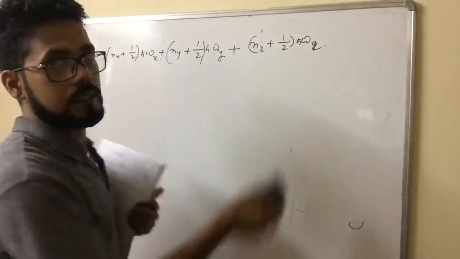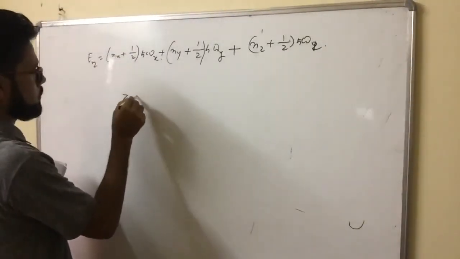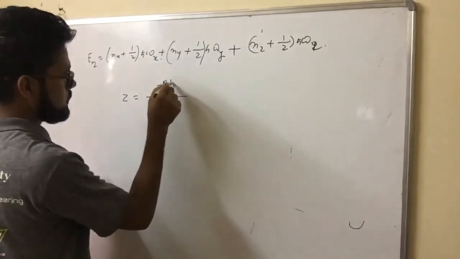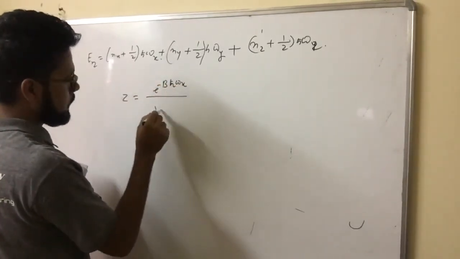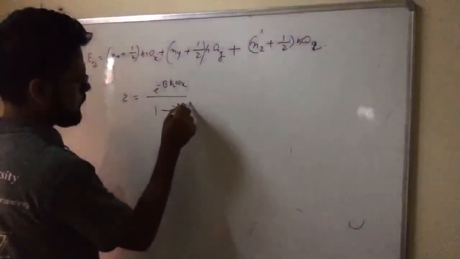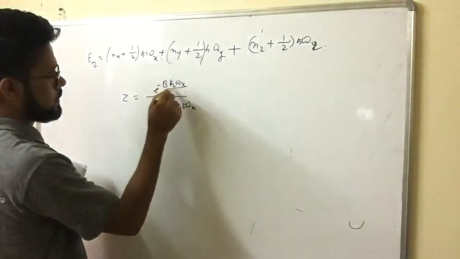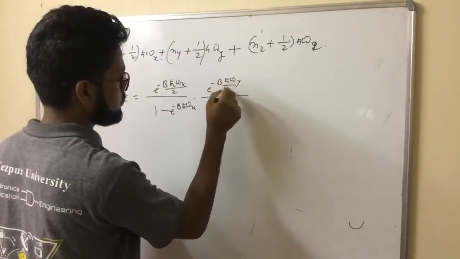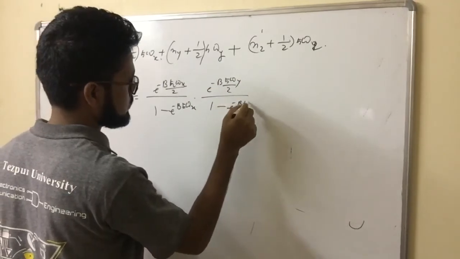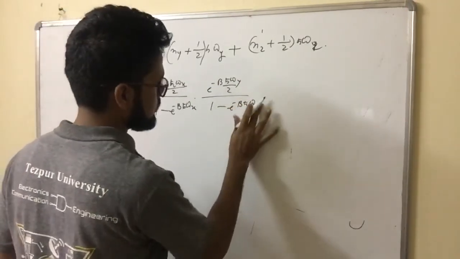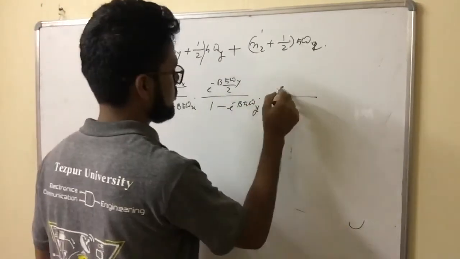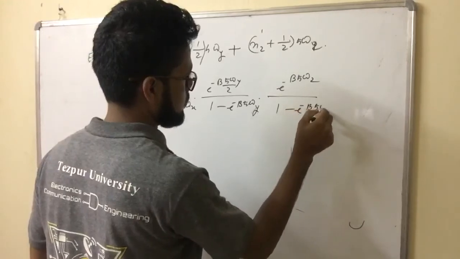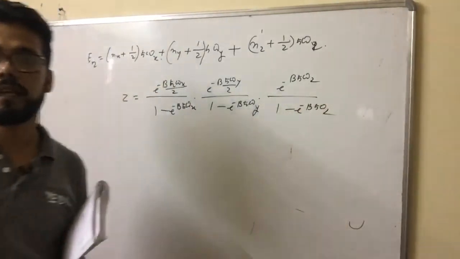In this case the partition function will be e to the power minus beta hbar omega x by 2, over 1 minus e to the power minus beta hbar omega x, into e to the power minus beta hbar omega y by 2, over 1 minus e to the power minus beta hbar omega y, into e to the power minus beta hbar omega z by 2, over 1 minus e to the power minus beta hbar omega z. It will be like this.